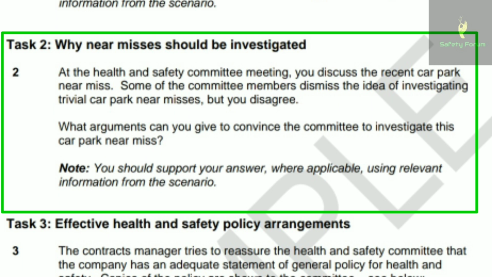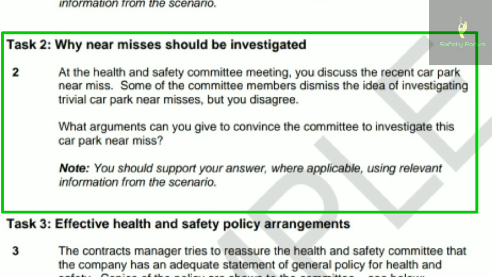So the first thing you can start this answer with is to tell them: today's near miss is tomorrow's accident. This is a very well defined statement which all HSE professionals use in their communications and in meetings, because whatever near misses happen today will lead to an accident tomorrow.